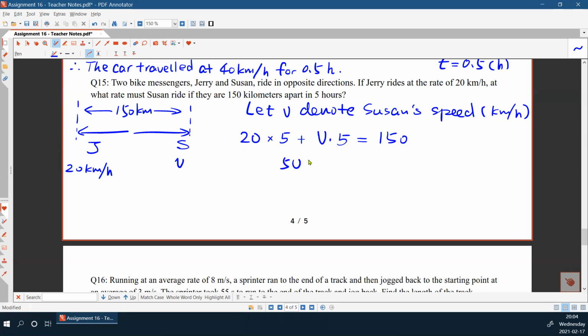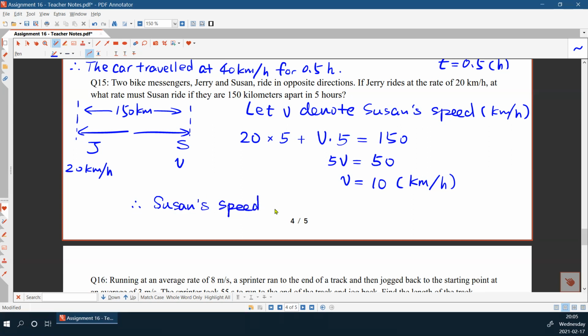So this gives us 5V equals 50. So V here is 10. Unit is kilometers per hour. Okay, so the conclusion is Susan's speed should be 10 kilometers per hour.